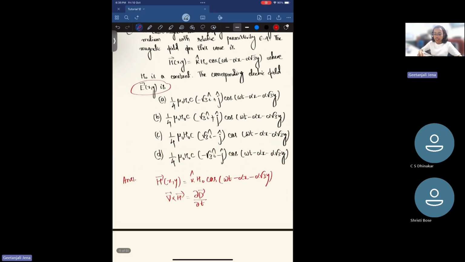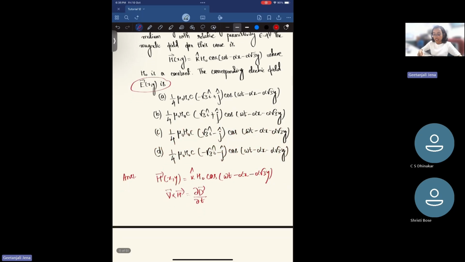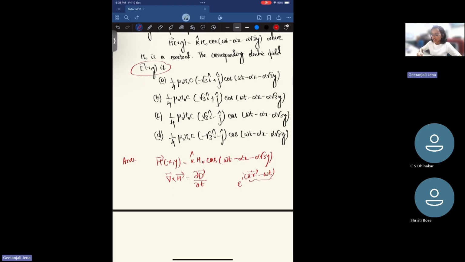For a plane wave, del can be written as i k cross, and dou by dou t can be written as minus i omega. This is for the case when we have e to the power i k dot r minus omega t type of expression. But when it is opposite, like omega t minus k r, dou by dou t will be i omega and del will be minus i k.